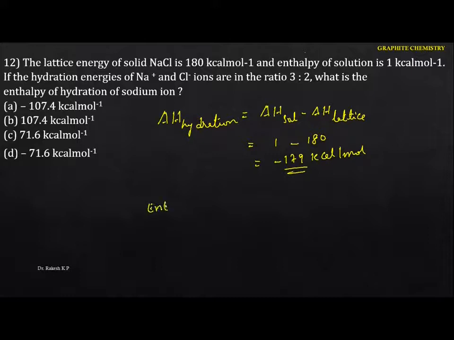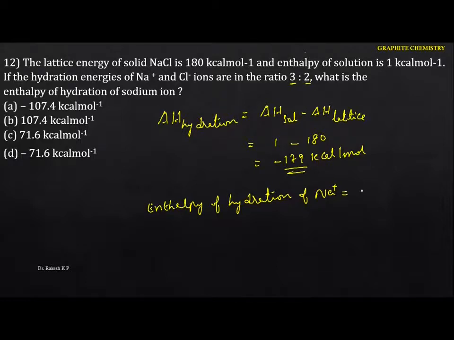So enthalpy of hydration of sodium ion, that is Na plus, is equal to, so what you have to identify, see the ratio they have given, that is 3. The 3 part will be the sodium ion, the 2 part will be the chloride. What is the total we are having? That is 5.